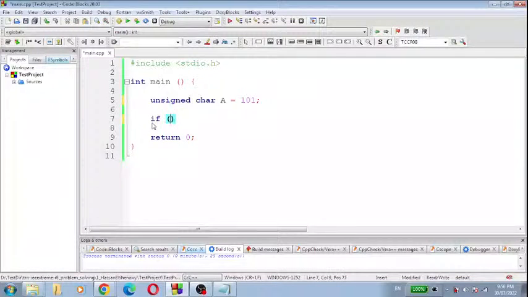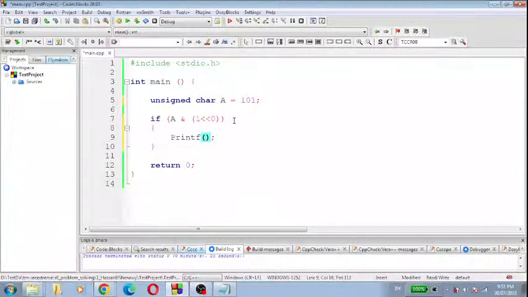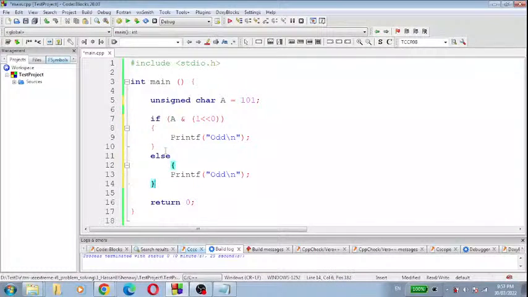If a ANDed with this mask actually, then print odd, otherwise print this as even. Okay, so let's run this.